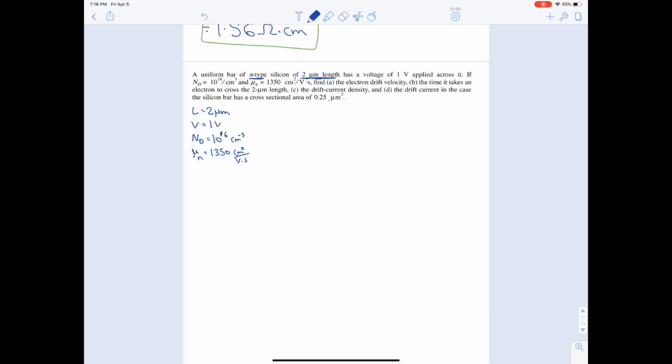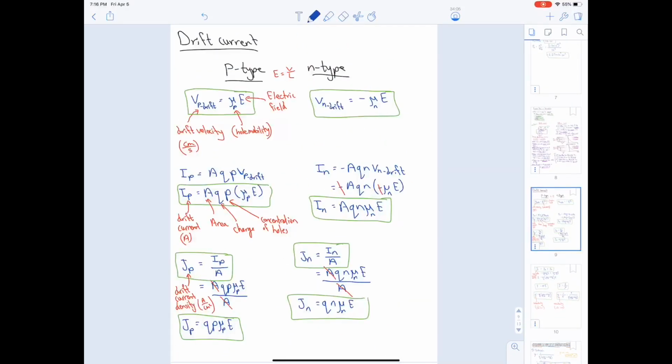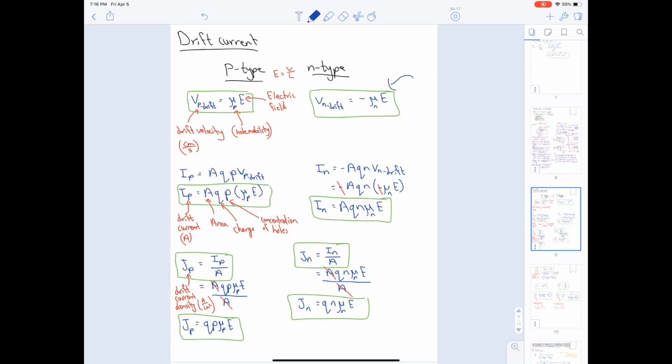Find electron drift velocity. Let's do this. So what is the electron drift velocity? The equation for the electron drift velocity is, we need the electrons, not the holes. It's minus mu n multiplied by the electric field.